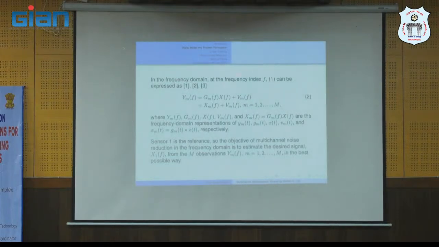Okay? So now we apply Fourier transform to this model. After Fourier transform, for each sensor we have Y_m(f). The convolution becomes a multiplication, so we get this desired part plus noise in that sensor. Of course we don't know this impulse response.